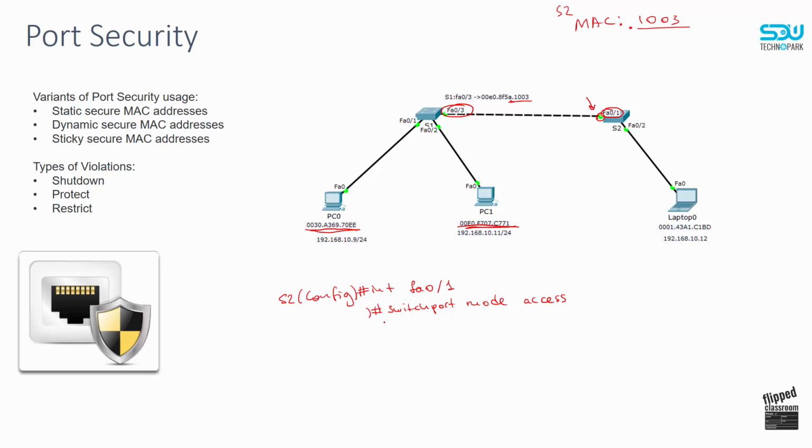And then we have to turn on the functionality of port security. We have to type switchport port-security. So this command turns on, so let me write a description, turns on port security.